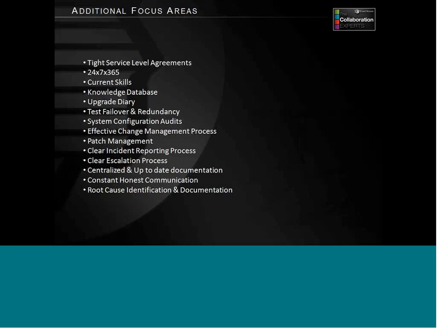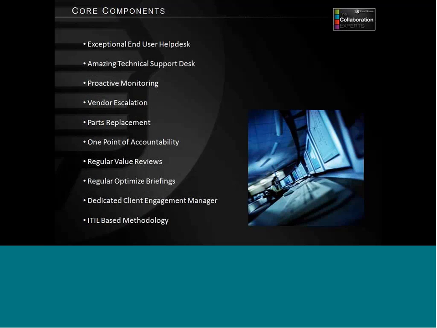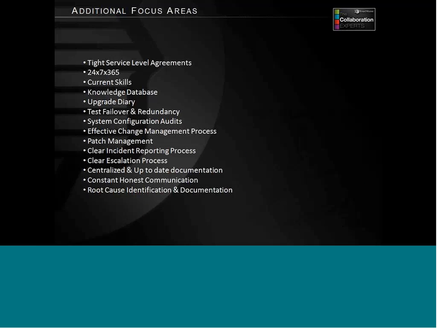And so, you know, obviously I've talked about high-level areas which have a lot of substance behind them, need a lot of looking at, and all of these additional focus areas fall into one or more of these areas. But these are the top things that they came up with.